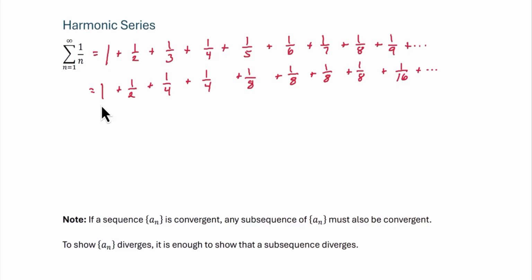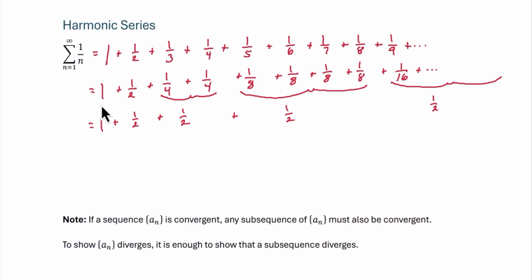We have 1 plus 1/2. And notice what happens if I add these two. 1/4 plus 1/4 is 2/4, which is 1/2. And then if I add these next 4 fractions, we get 4/8, which is 1/2. And then 1/16, we'll add that 8 times to get 8/16, which is 1/2.